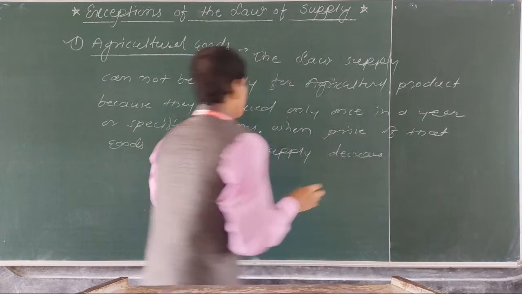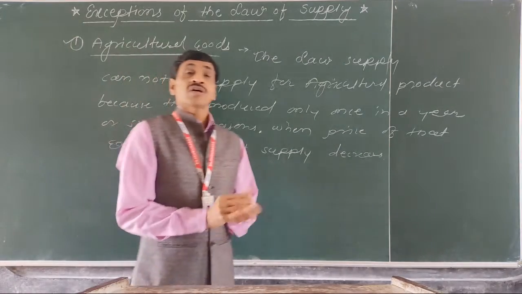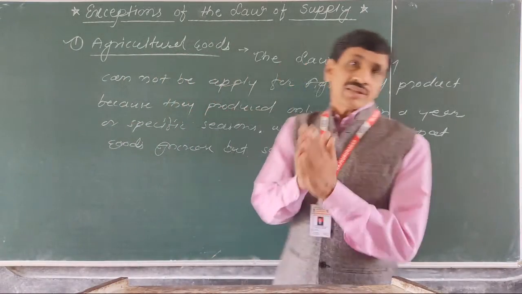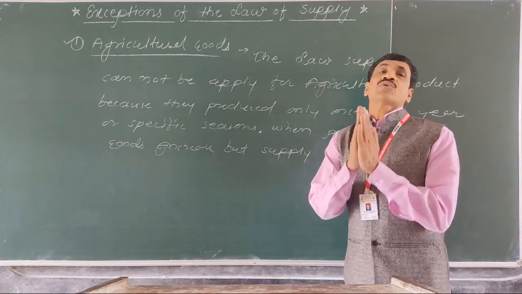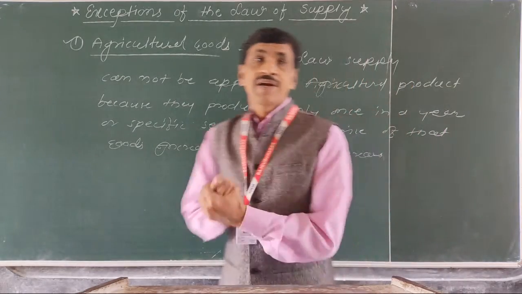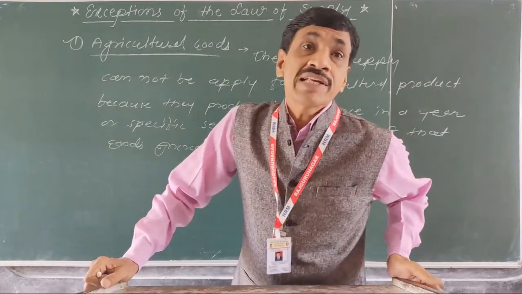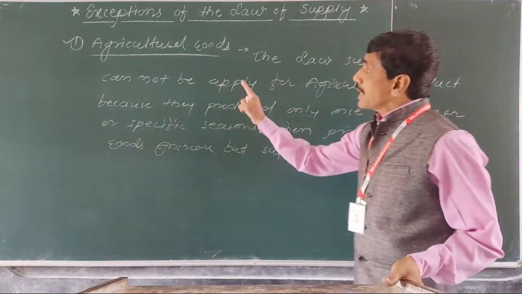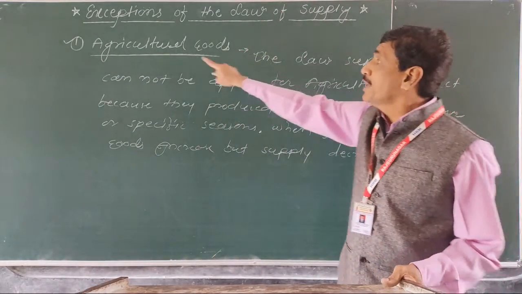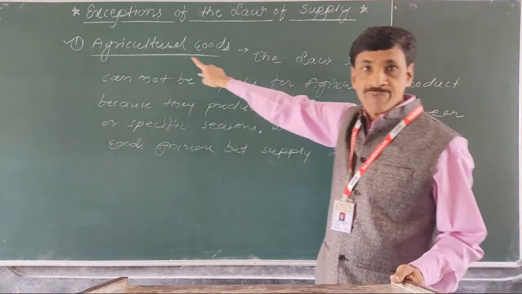What does that mean? That type of commodities or goods, supply decreases with an increase in price. That is the rare exception to the law of supply in the case of agricultural goods.